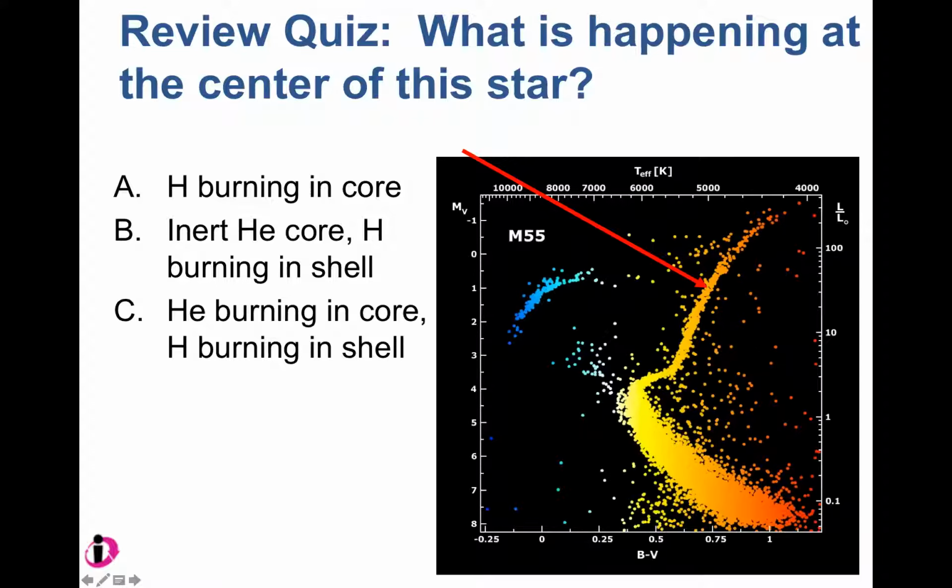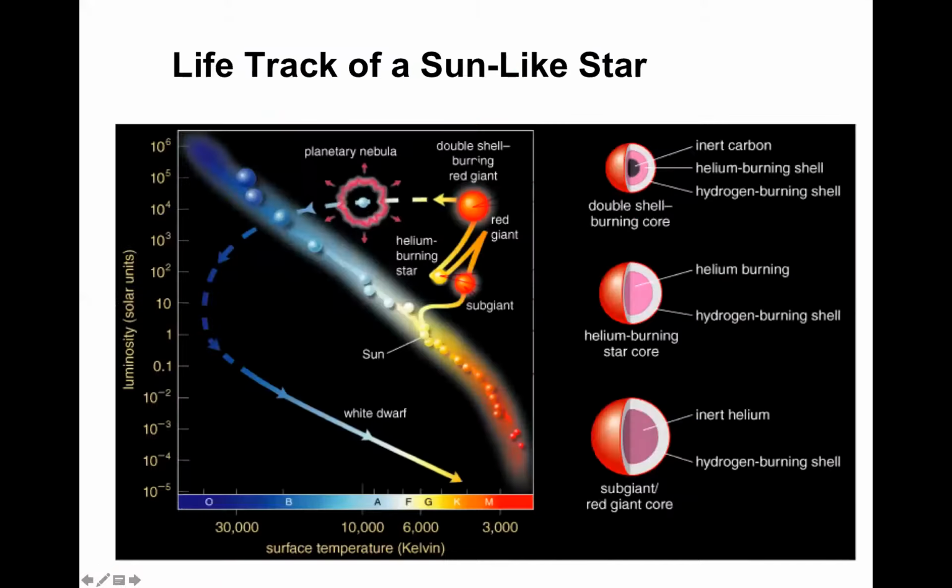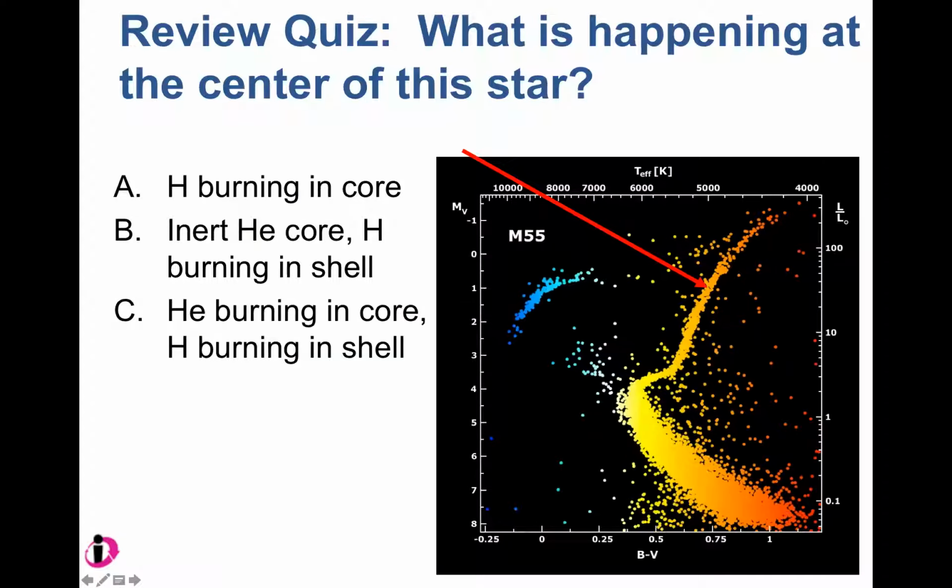So you can see all stages of stellar evolution in a single cluster, which is one of the things that makes them so useful. Okay, we also left off at the end of last time, basically just going over this whole diagram again. I'm not going to go over it in detail. These are different kinds of pictures. This is a snapshot showing a whole bunch of stars at different masses at the same age, all of them the age of M55.